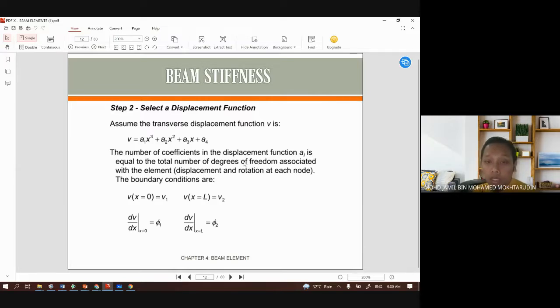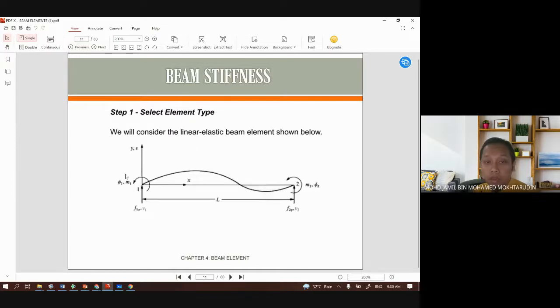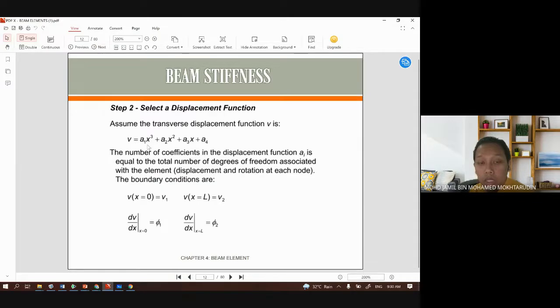In the beam just now, we have two degrees of freedom at node 1, the displacement v1 and the rotation phi1, and also two at node 2, v2 and phi2. So we have 4 degrees of freedom here. That's why we use a 4-coefficient polynomial, or third order polynomial.